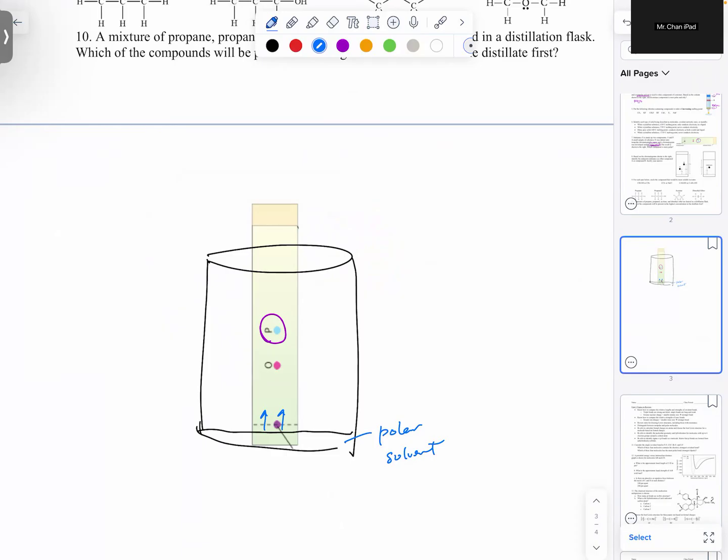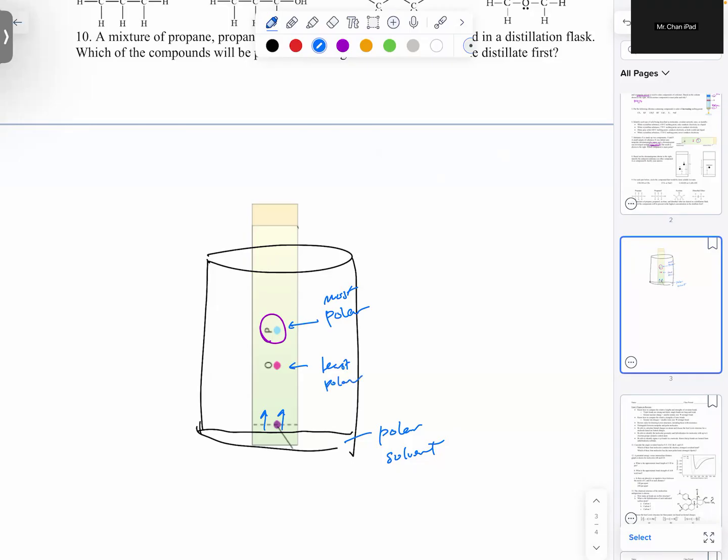Okay. So whatever is also polar will move with the solvent. And if it's nonpolar, it is not going to move with the polar solvent that quickly. So that's why the dot P is our most polar, and O is going to be the least polar for this reason.